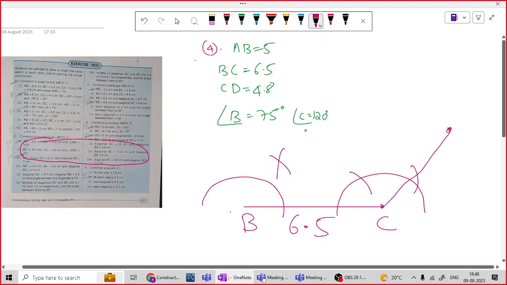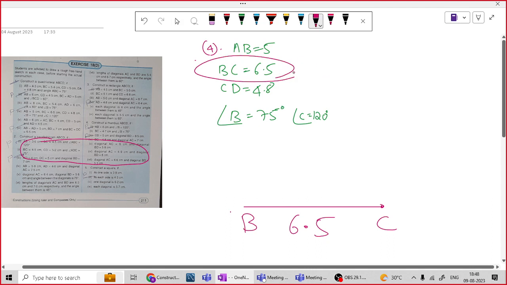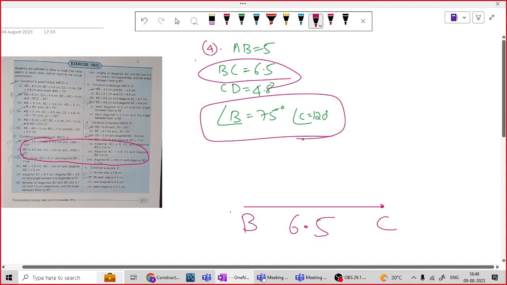So at B 75 and at C 120. Adya, why did I take the BC line? Why didn't I take AB and CD? What's the reason? Because 6.5 is greater than all the values, sir. Wrong, that's not the actual reason. Okay, correct, 6.5 is greater, but there are angles given, right?